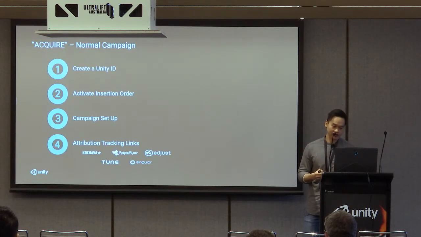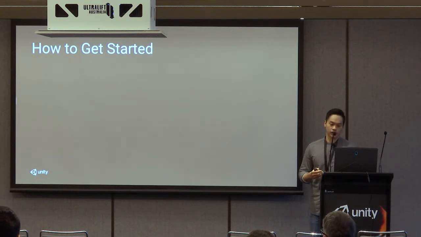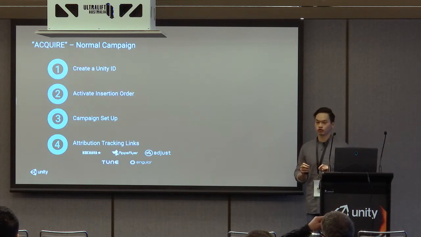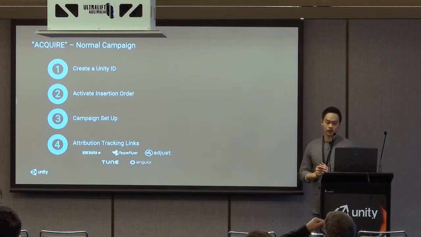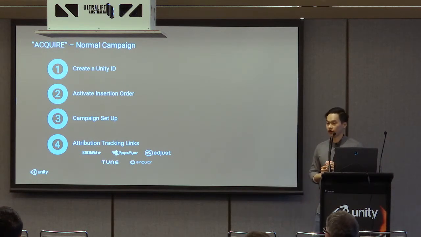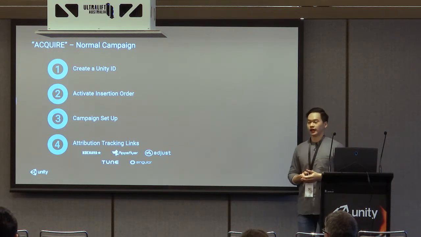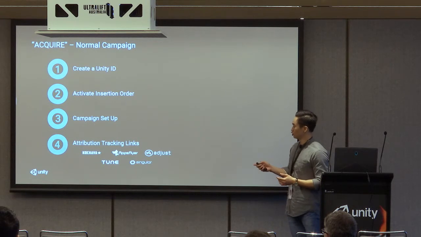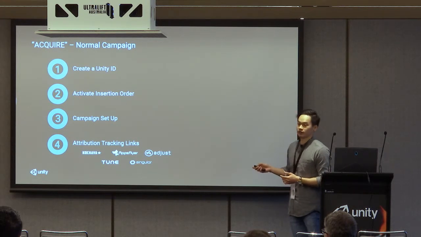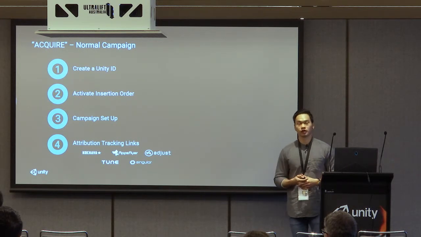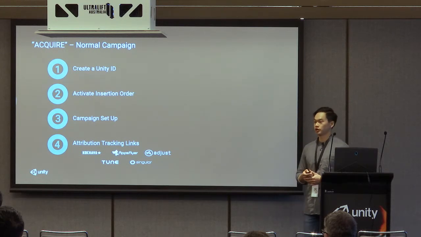So, how to get started? I'm just going to briefly go through to give you a quick sense. For the acquire dashboard where you create a normal campaign, you create a Unity ID. You would activate an insertion order, which is just like a purchase order.